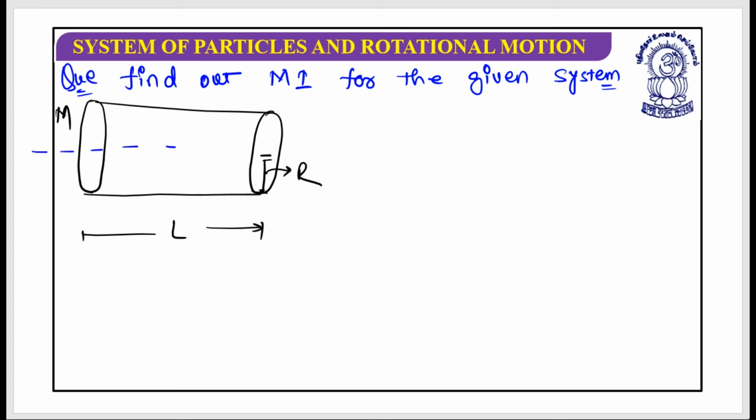Let's assume this is a hollow cylinder. This is 1 1 dash. What you are supposed to do is, when any 3D object is there, that needs to be converted to 2D.